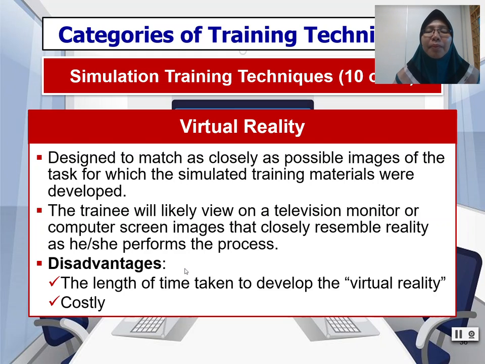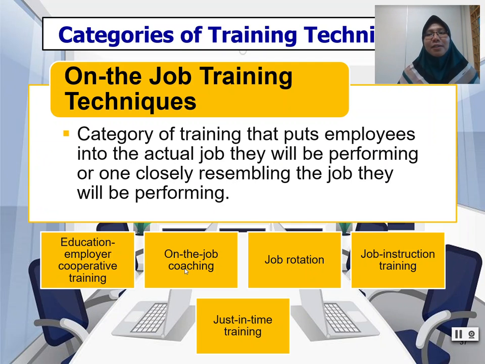Okay, next one, this is the last part. The last part is the on-the-job training technique. So what is on-the-job training technique? This is a category of training that puts employees in the actual job they will be performing, or one closely resembling the job they will be performing.